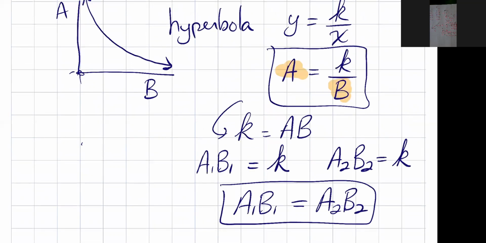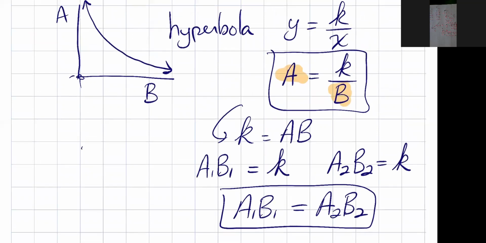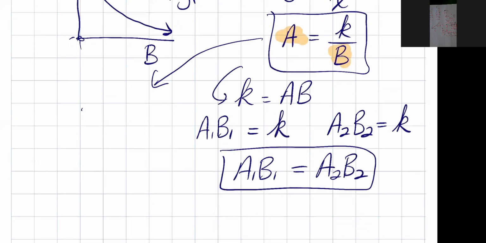Now, one more thing. If you look at the version that we already wrote up here, a equals k divided by b, you could take that equation and rewrite it slightly. Instead of a equals k over b, you could write it as a equals k times 1 over b. Okay, compare those and you'll see they're the same things. And why would you write it like that?